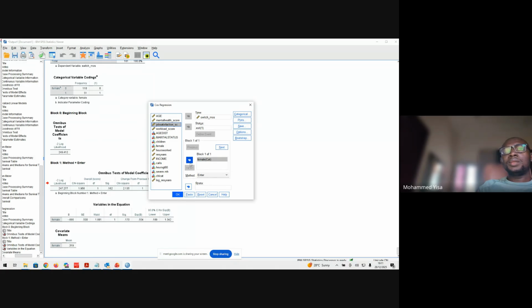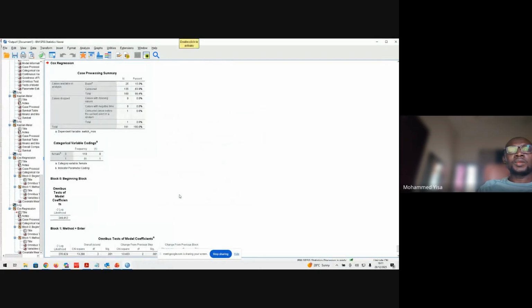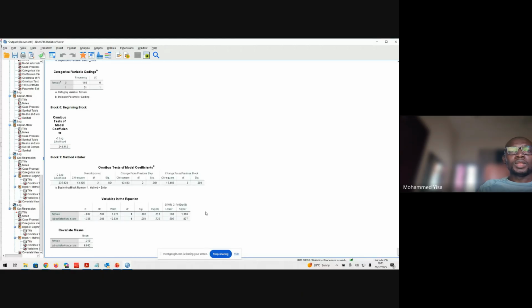So let's input job satisfaction score and keep everything else constant and say okay. And now we can see the effects that job satisfaction score has on the likelihood to leave medicine.